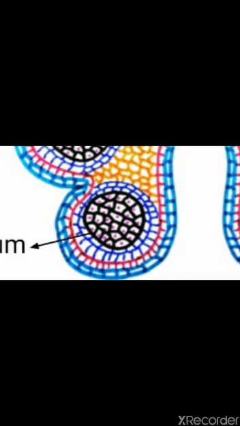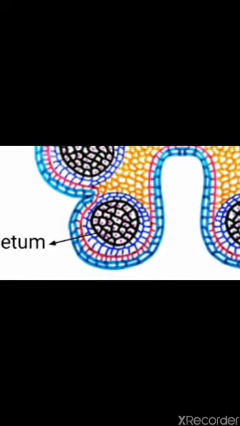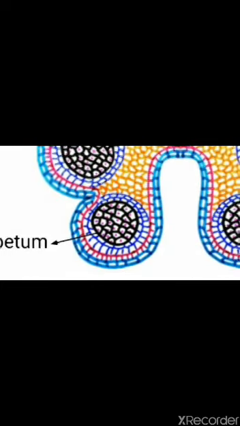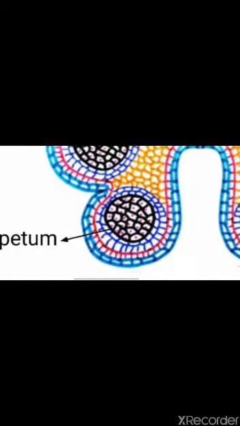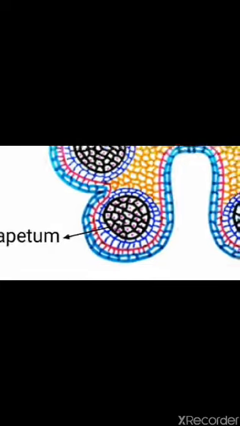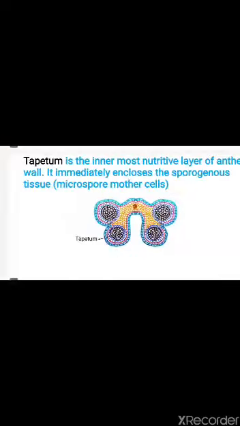So this layer which is shown in black is the tapetum, and the tapetum encloses the microspore mother cells. This microspore mother cell gives rise to the pollen grains. So the tapetum is the innermost layer, and this layer is nutritive in function.